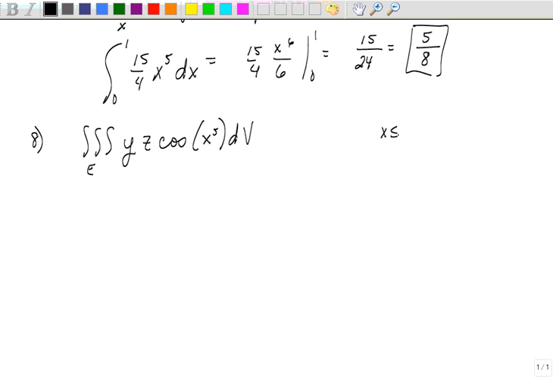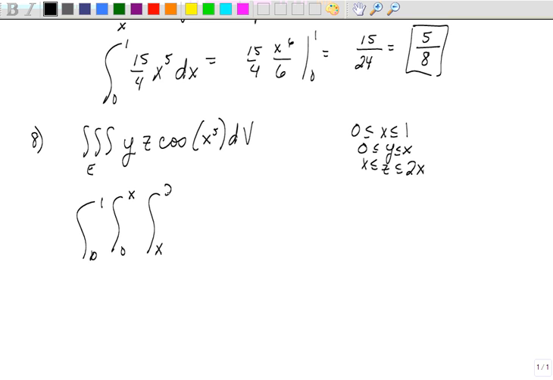Okay, we have x is between 1 and 0. Y is between x and 0. Z is between x and 2x. So we're integrating 0 to 1, 0 to x, x to 2x.